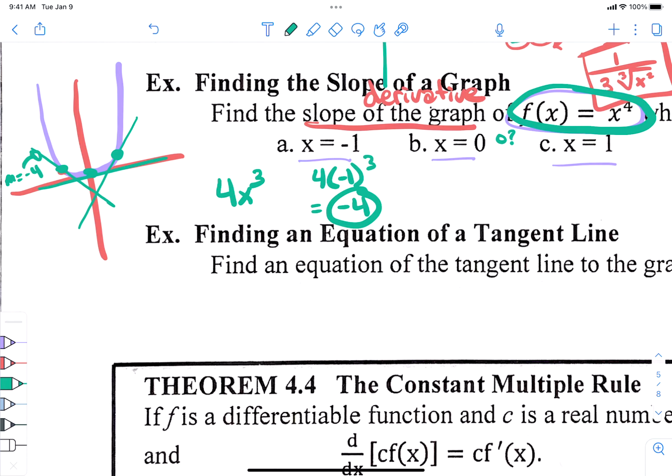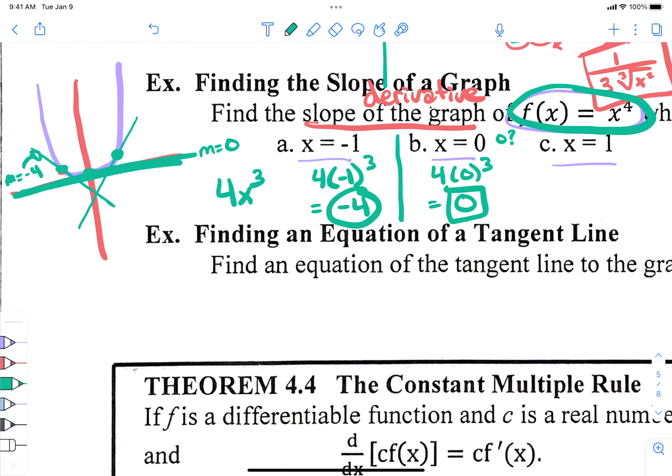Okay, specifically at -1, I just plug -1 in for x after I find the derivative, and I get a slope of -4. Now, if I'm trying to find 0, I plug 0 into the derivative. So 0 to the 3rd power is 0. So this second line has a slope of 0, which we said was true, right?